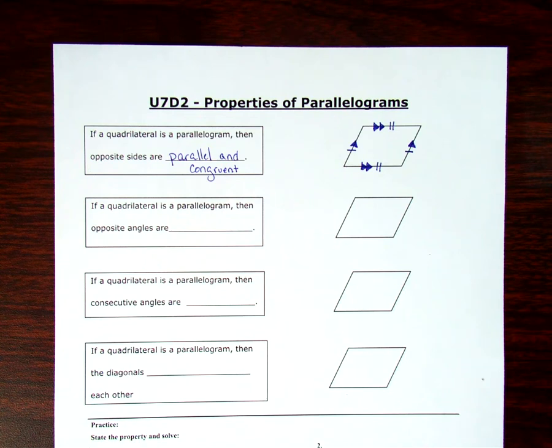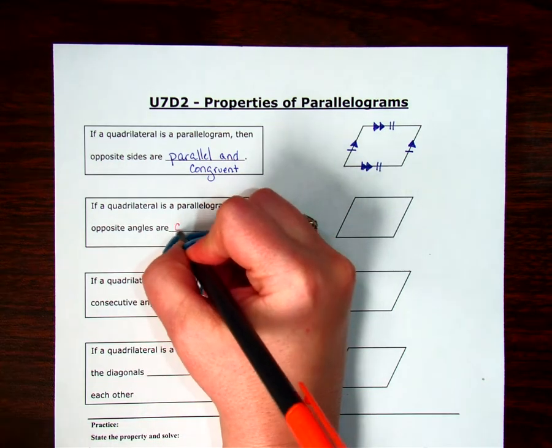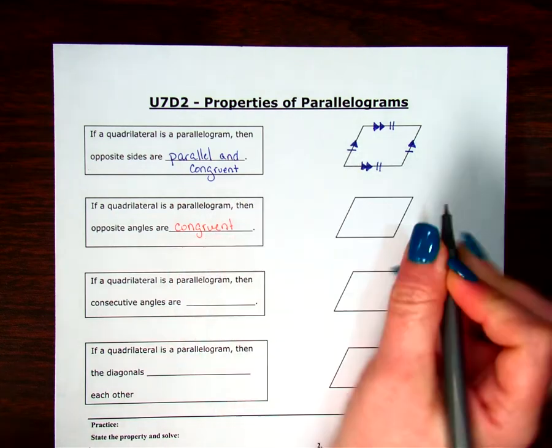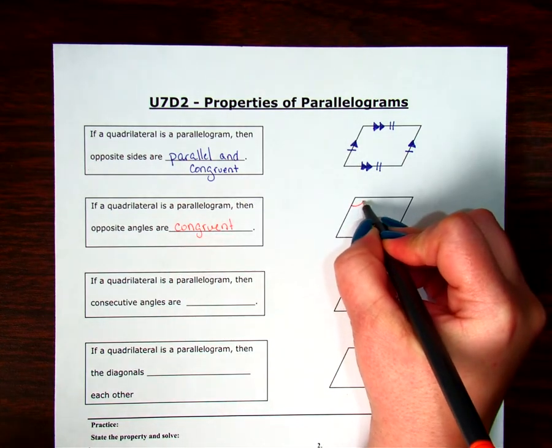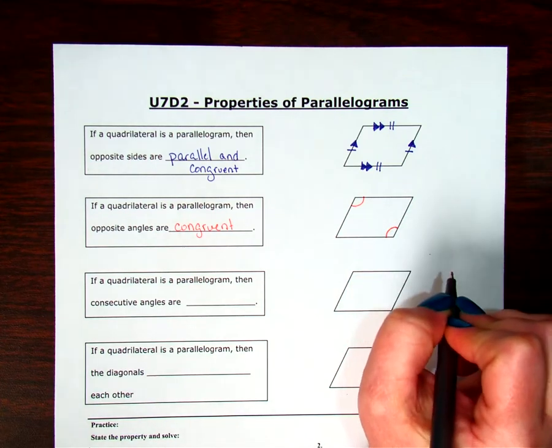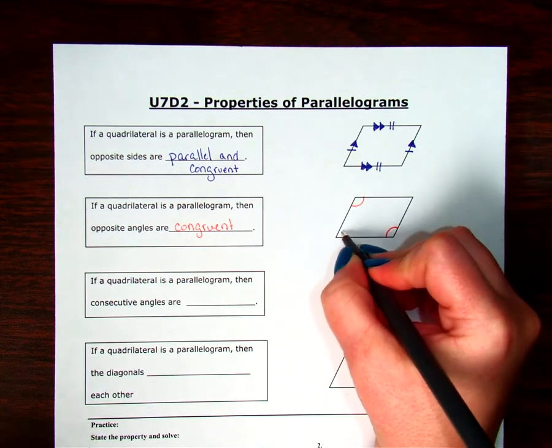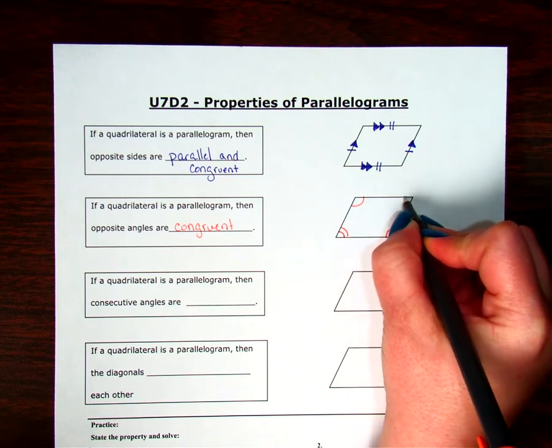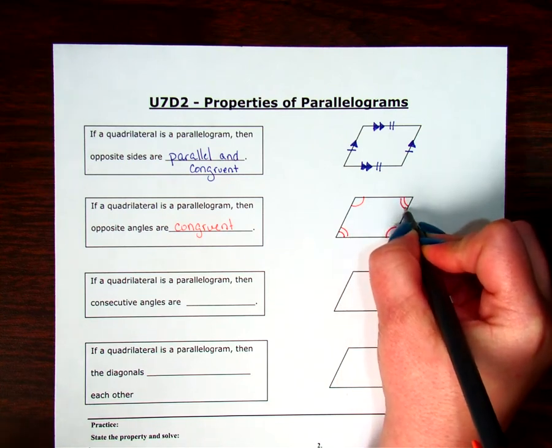Okay, my second property, if a quadrilateral is a parallelogram, then opposite angles are congruent. So if I know how big this angle is, the opposite side is exactly the same measure. If I know how big this angle is, the angle across from it is exactly the same measure.